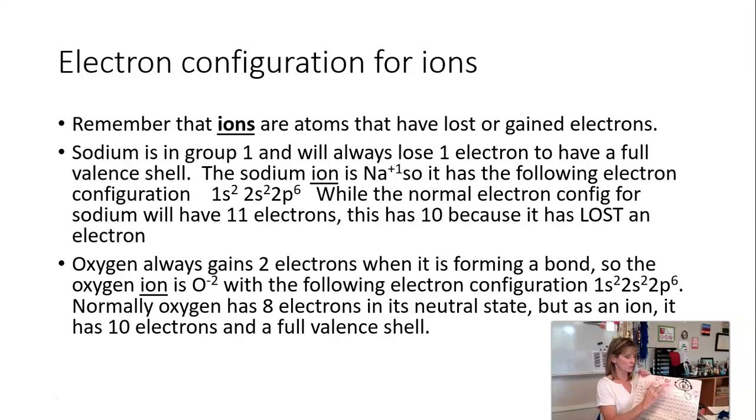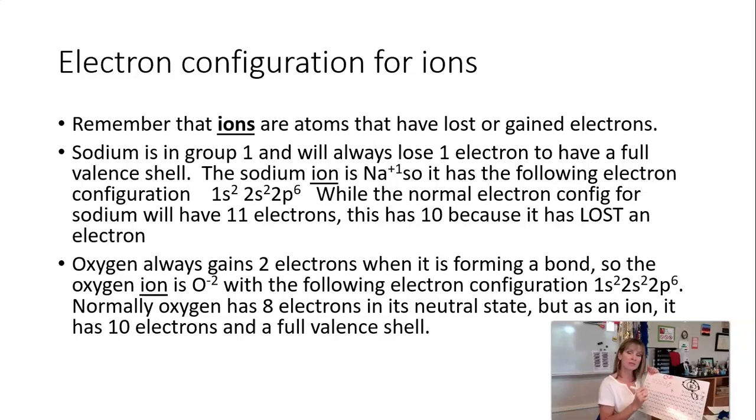It was 2p4, because it goes p1, p2, p3, p4. But since it gained 2 extra electrons, it will be 2p6. That's an oxygen ion. Whatever the charge is up here, if it's negative, that means it has 2 extra electrons.